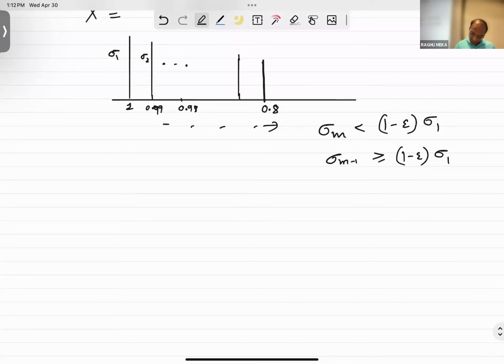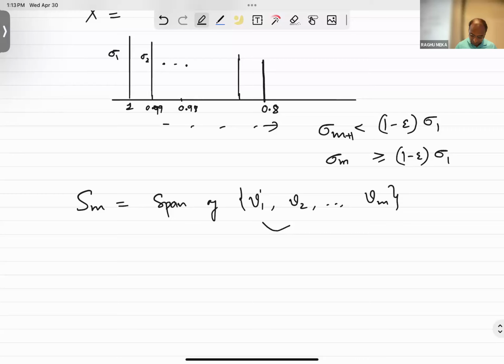And then let S_m be the span of V1, V2, all the way up to V_m. So I'm saying, look at the span of all of the singular vectors whose corresponding singular value is at least 1 minus epsilon times the largest.